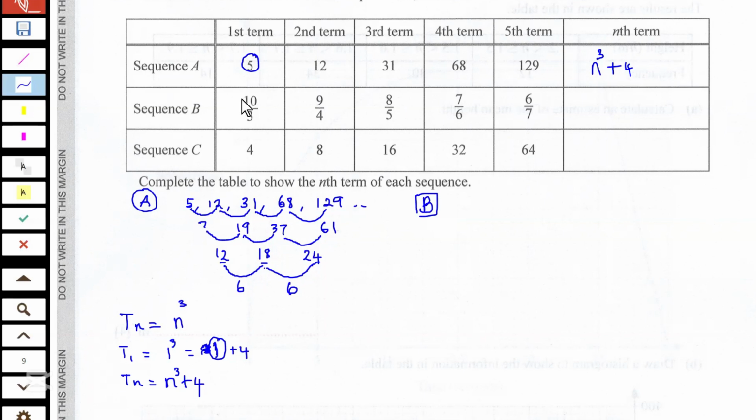Now, for sequence B, we're given a fraction in this case. So all we have to do here is first begin with the numerator, before going to the denominator. So I'm going to write out the terms for the numerator. The list of numbers will be 10, 9, 8, 7, and 6.